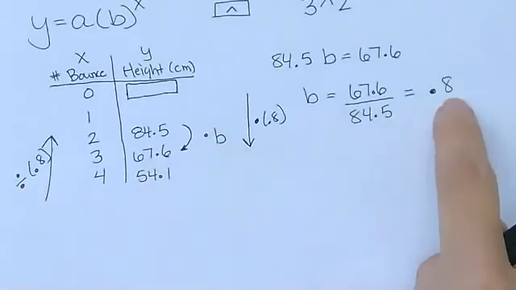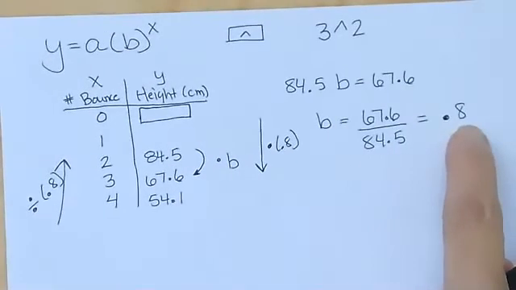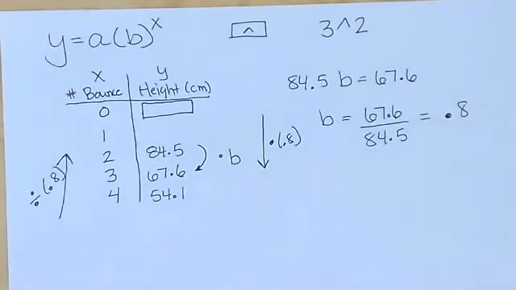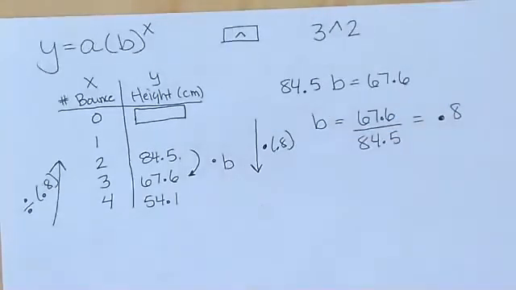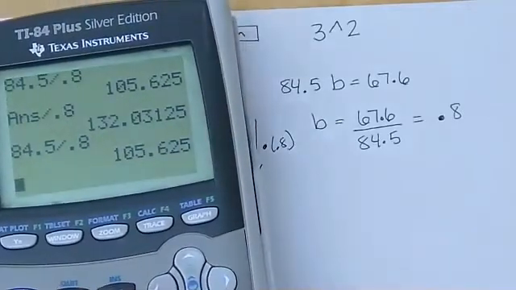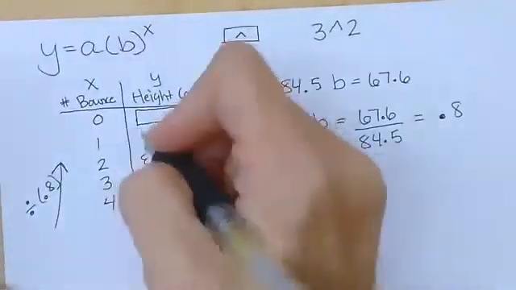So now that I know how the table is being generated, to work down the table, I multiply by 0.8. To work up the table, I divide by 0.8. So I'll take the last number here, 84.5, and let's divide by 0.8. So the next entry on the table is 105.625.